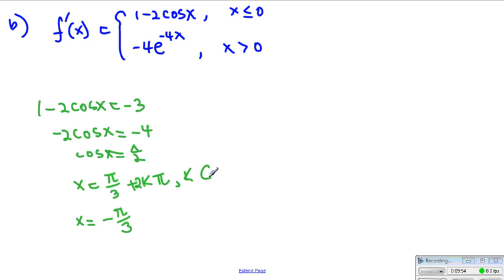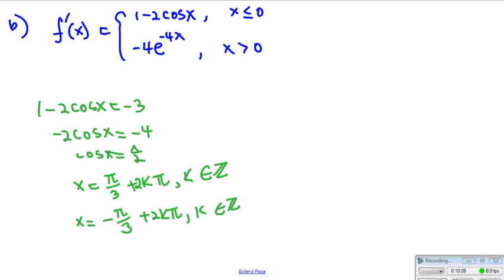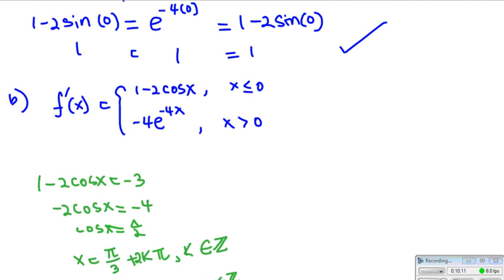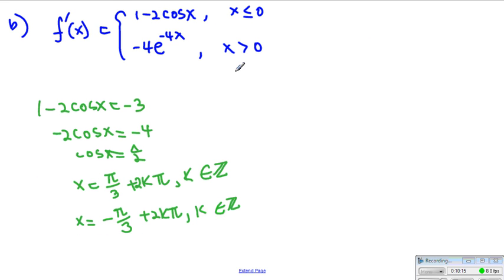Here, this will be the same thing, plus 2k pi, where k is an integer. Now, which one will be our answer? Because this is based upon x being negative, the only thing we will accept is the bottom answer right over here.